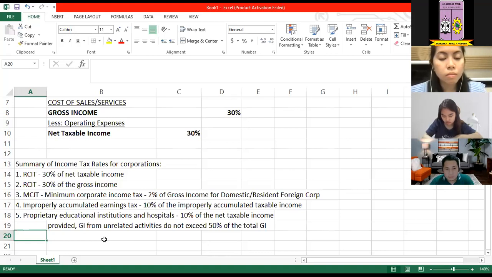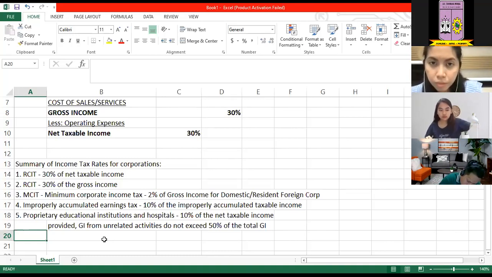Now, let's go to government-owned or controlled corporations, agencies, or instrumentalities. Okay? Generally, alam nyo, kahit na GOCC ka, generally, subject ka talaga sa tax, sa regular income tax rate of 30%. That is the general rule.